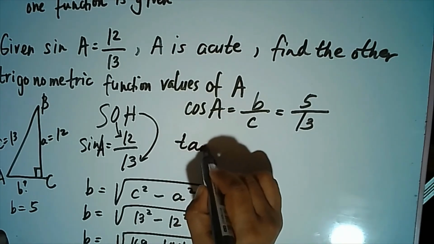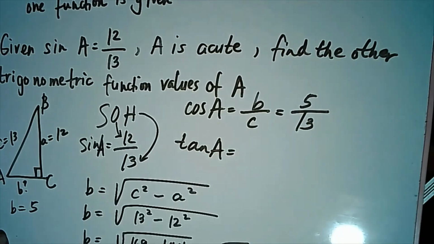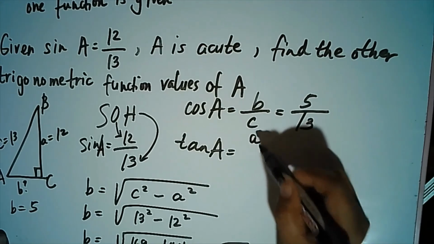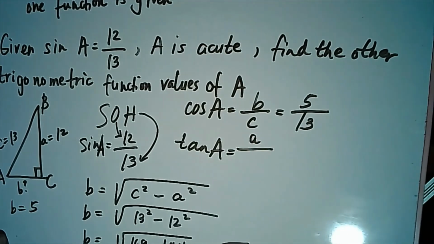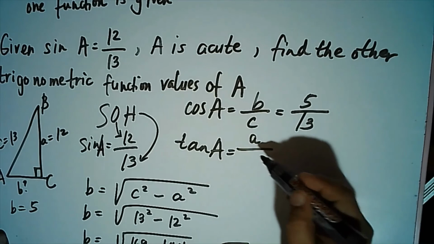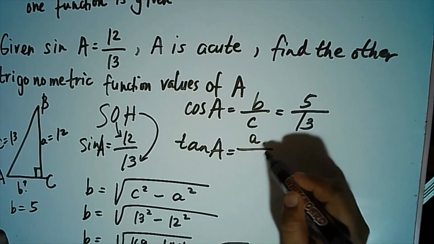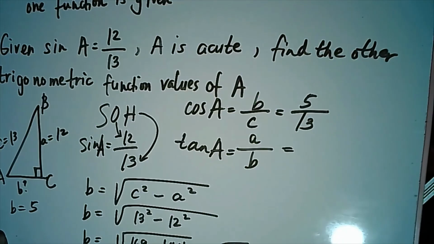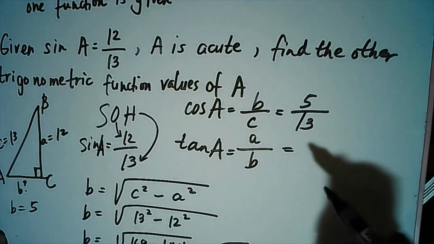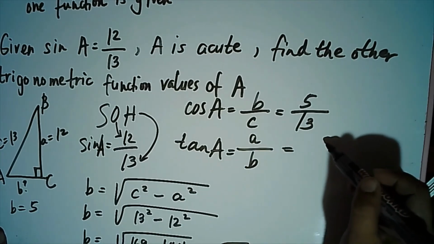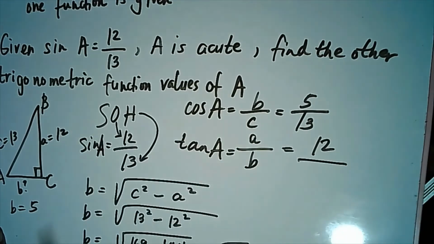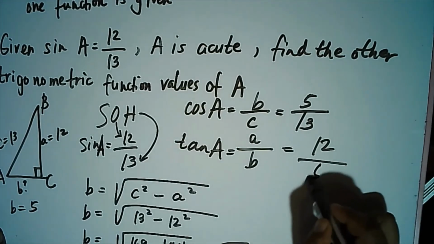Then tangent A is equal to the side opposite to A over the side adjacent to A, which is b. So a over b is equal to 12 over 5.